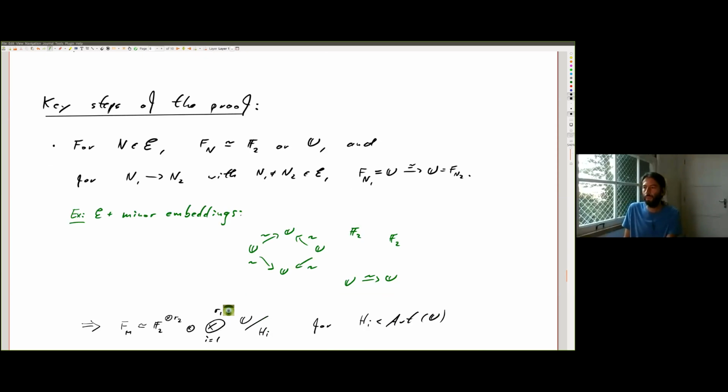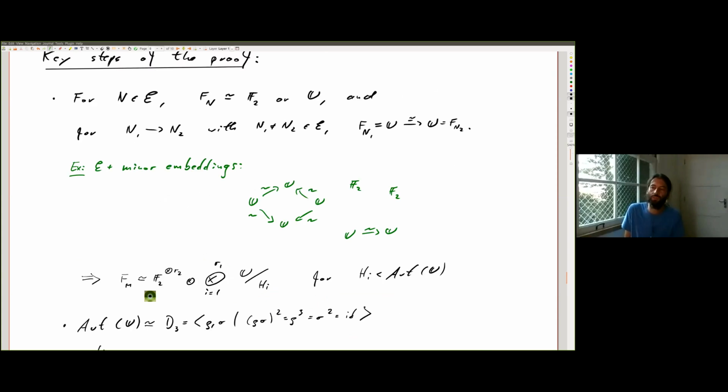So what we derive from this picture is that the foundation of M is isomorphic to, if you have disjoint components, a coproduct of Fn's. So we get a tensor product of some copies of F2 times a tensor product of quotients of U by automorphism groups.